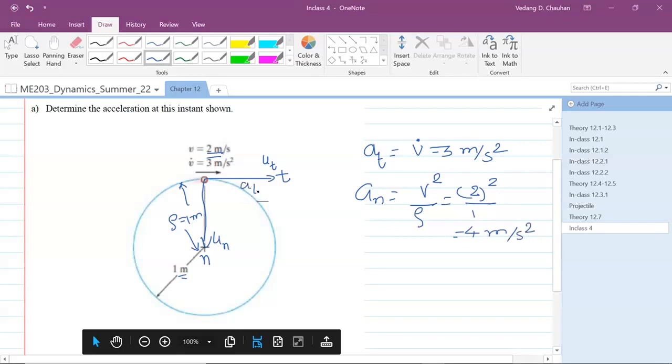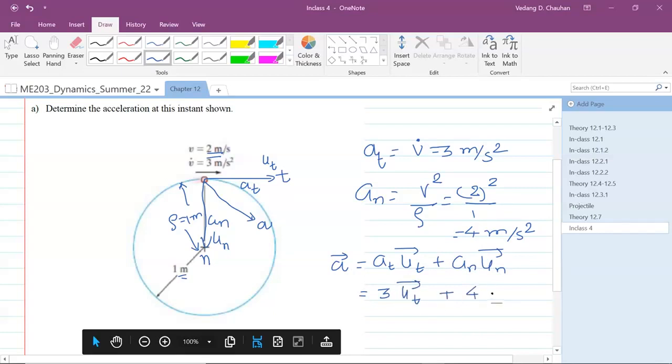So it's 4 meters per second square. So this acceleration is at, this acceleration is an, and the total acceleration a is the vector addition of these two. So total acceleration a can be written as at ut plus an un, which is 3 ut plus 4 un, where ut is the unit vector.